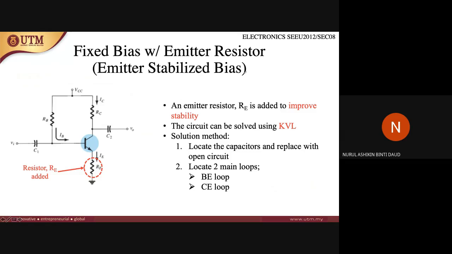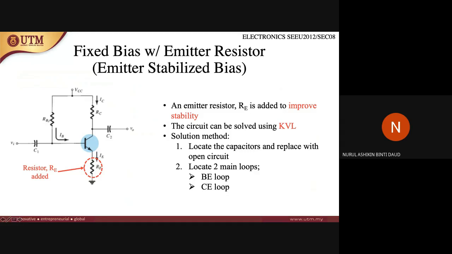For emitter stabilized bias, you can see the difference from the fixed base bias: they just add a resistor at the emitter part. Before, there was no resistor at the emitter, but for this there is a resistor added, always known as RE, the resistor at emitter.